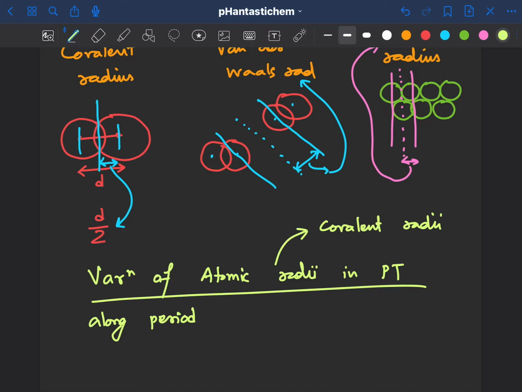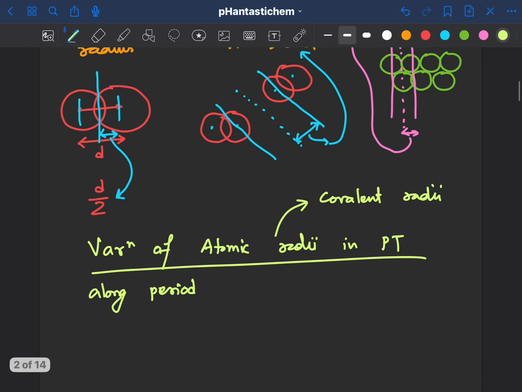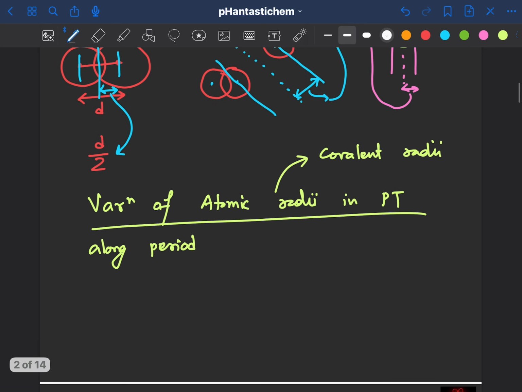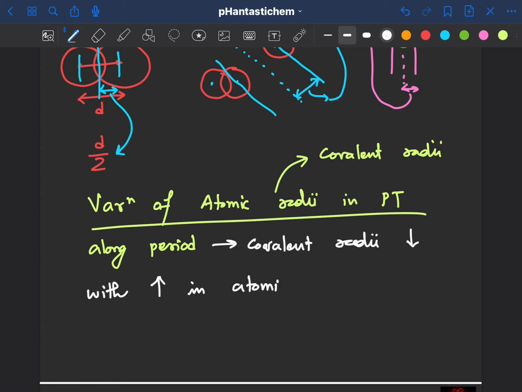Along the period, the covalent radii decrease with increase in atomic number Z as we move from left to right in a period.